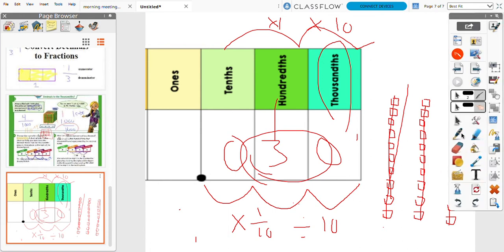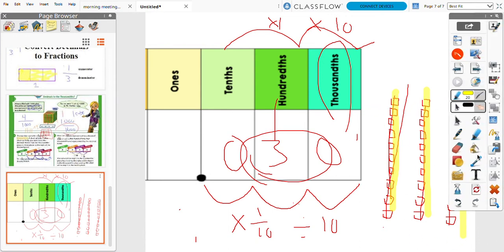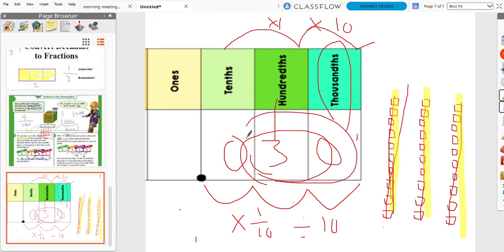See how I have 3 groups here? 1 group, 2 groups, 3 groups. If I split these 3 groups into 10 pieces like I did here, I would have 30 thousandths. 3 hundredths and 30 thousandths are equal, and I proved it right there for you.